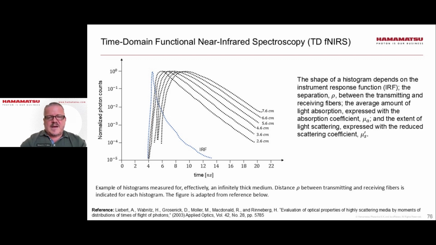So SPADs and SPAD arrays, I don't want to say revolutionized, but certainly made this histogram approach viable, compared to the past where PMTs were used, which offered a number of features that were not desirable for practical realizations of such systems.